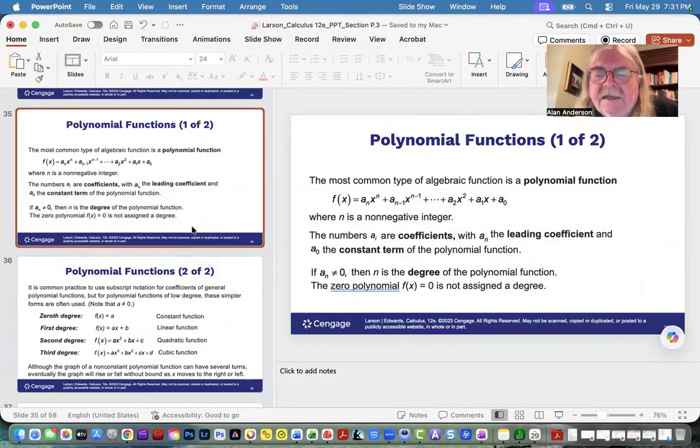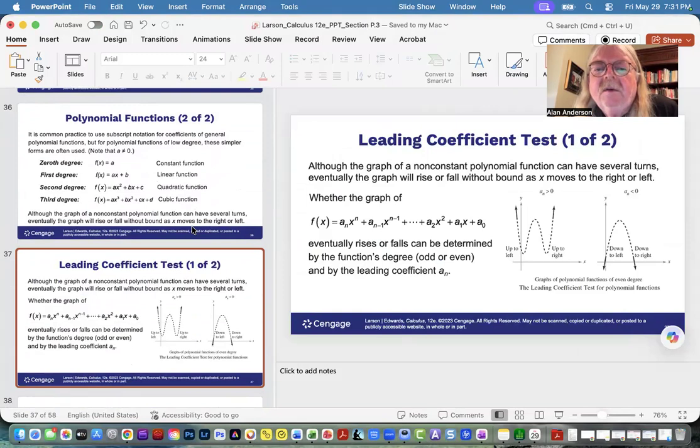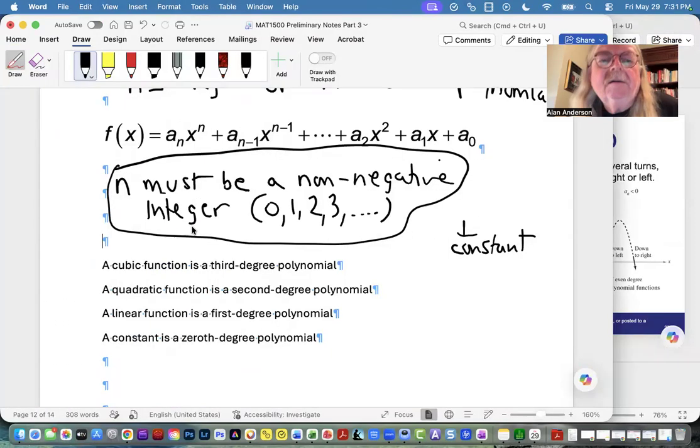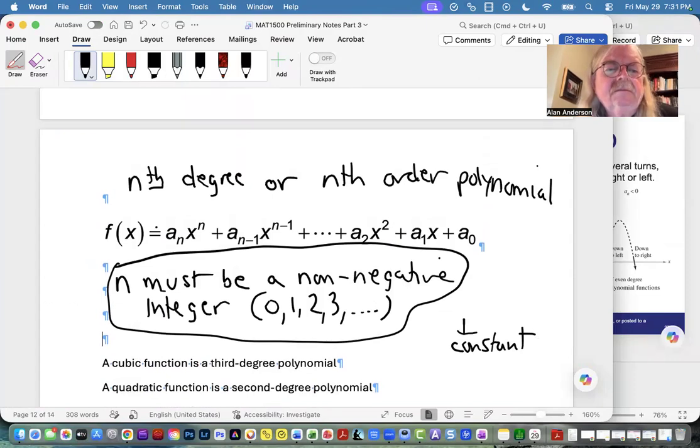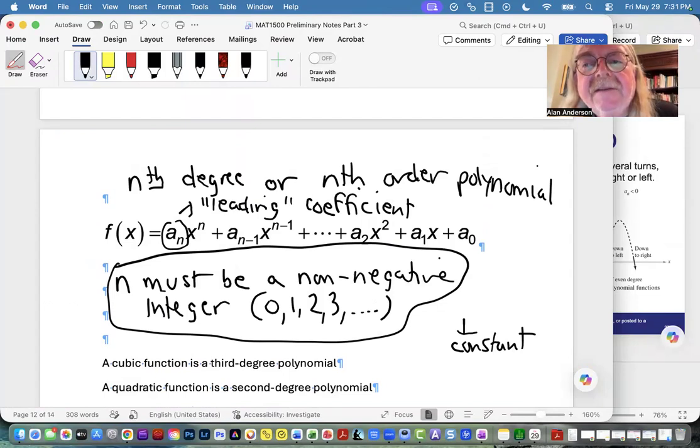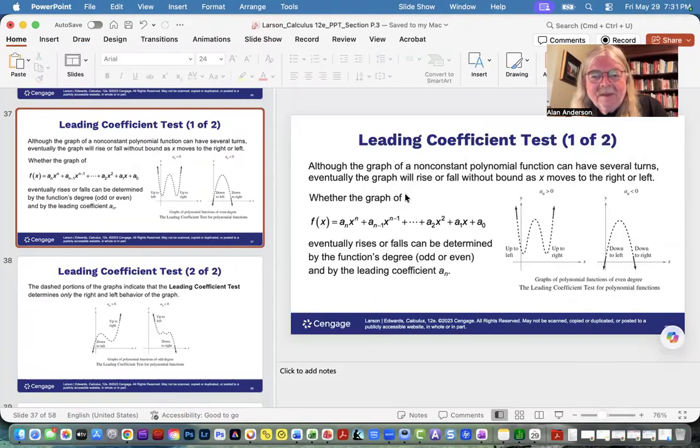Okay. All right. Now we got that out of the way. And now it turns out that, as far as understanding the basic shapes of these graphs, the leading coefficient, as it's called, gives us some key information about the behavior of the function. It is defined as the leading coefficient because it is associated with the largest exponent.